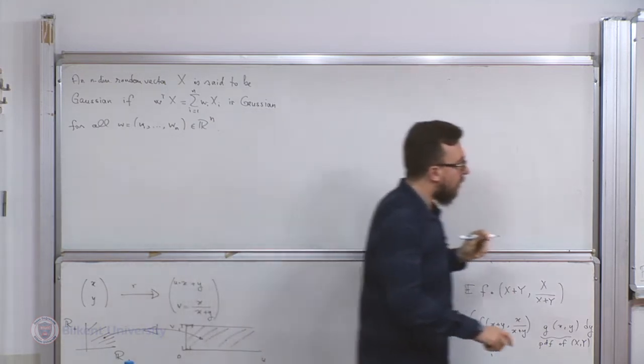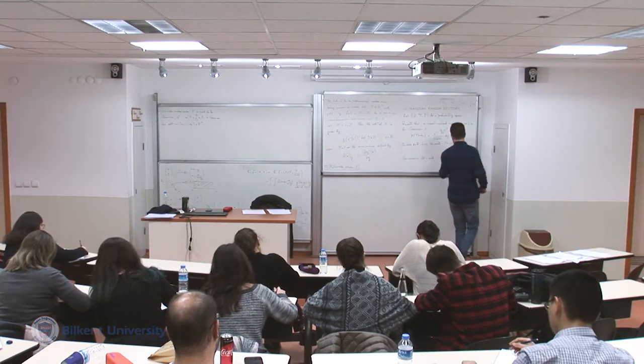So if every linear combination is Gaussian, then we say that the vector is Gaussian.